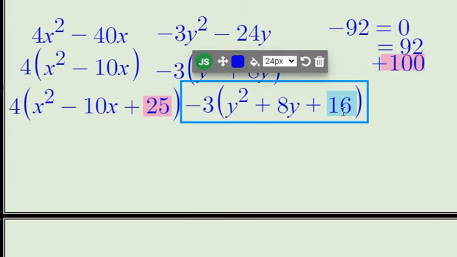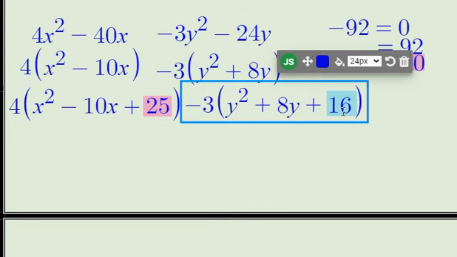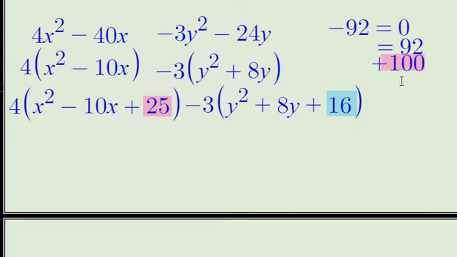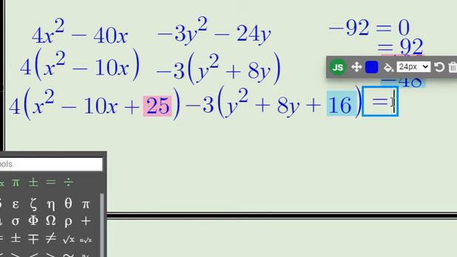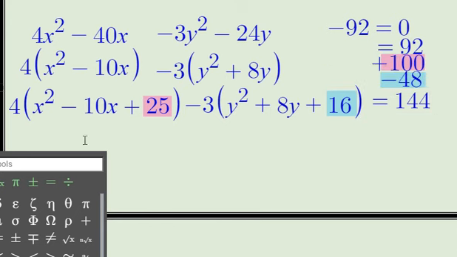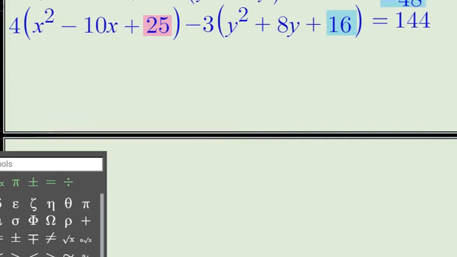So I have to do negative 48 to the other side as well. So when I combine these, I have 92 plus 100, 192, minus 48 is actually 144. And now I'm ready to break down these perfect square trinomials.